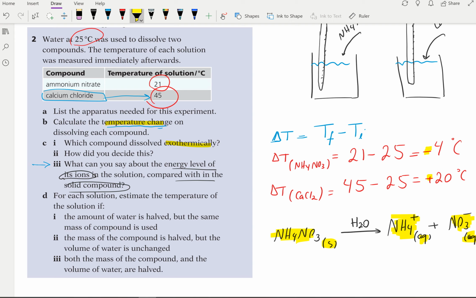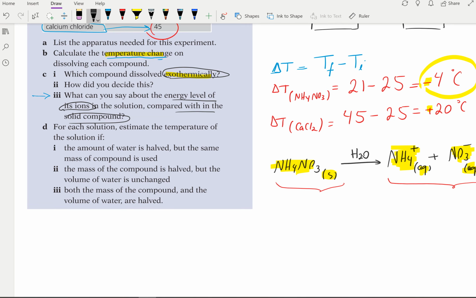Because this reaction was endothermic, the temperature change is negative and the temperature decreased, it shows that the energy level of these ions is higher than the reactant, because in an endothermic reaction the energy level of the products is higher than the energy level of the reactants. But this question asks about the other compound, the compound which dissolves exothermically, and that is calcium chloride.